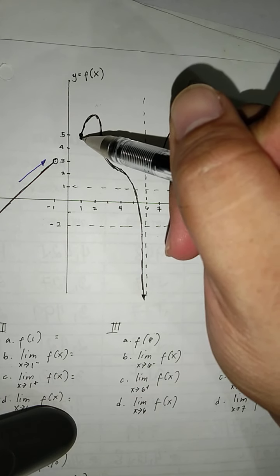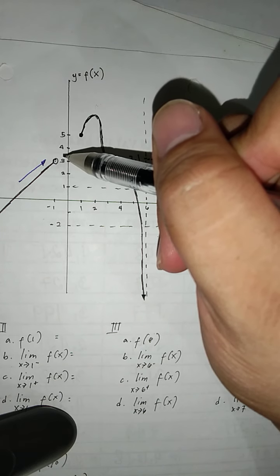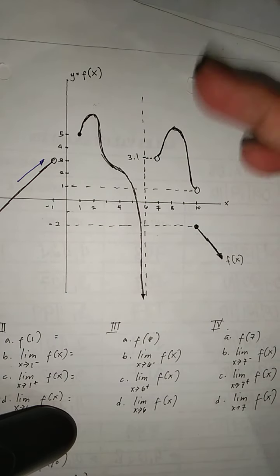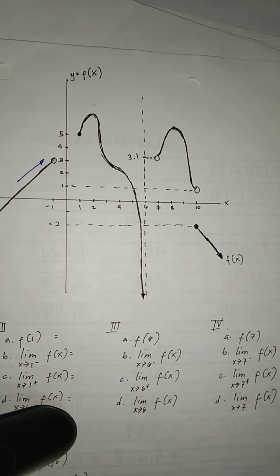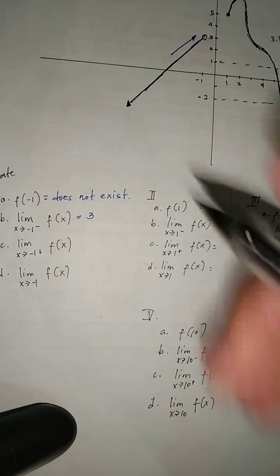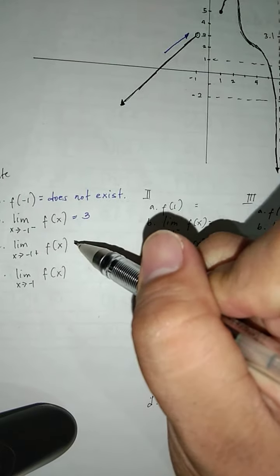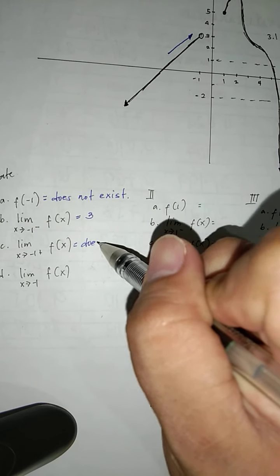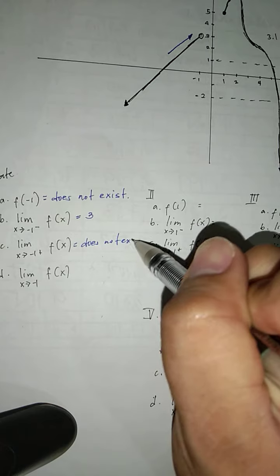It doesn't go to 0, and it doesn't go all the way to -1. So there can't be any observable value that it approaches from the right, meaning there is no value. Same as letter A, we can say that the approach from the right does not exist.